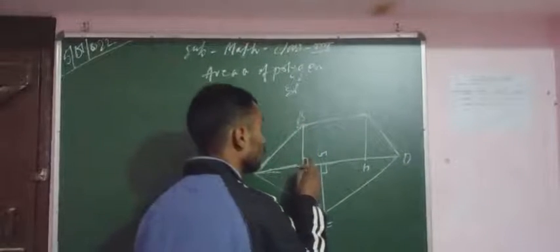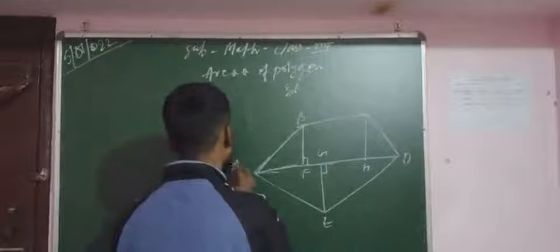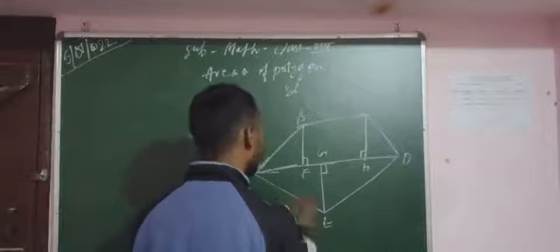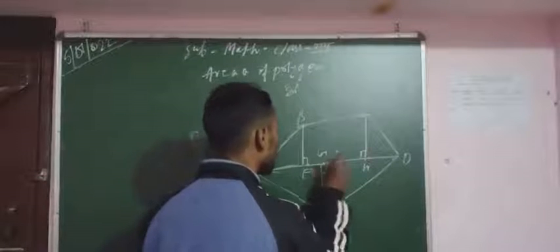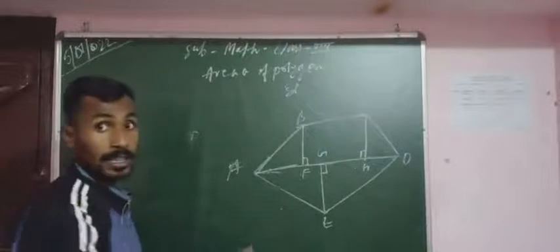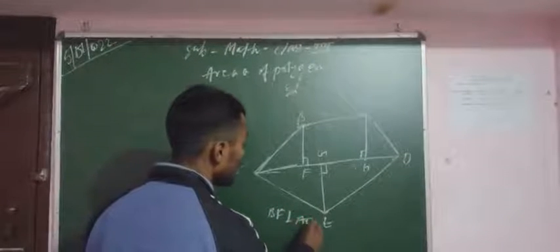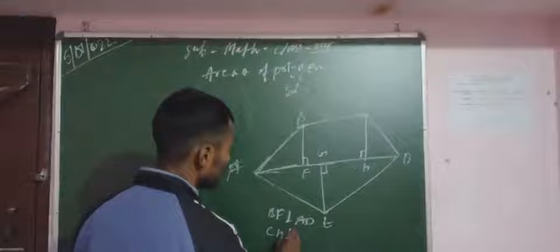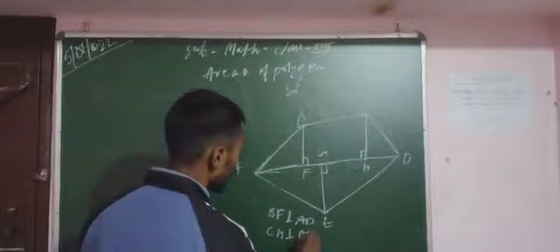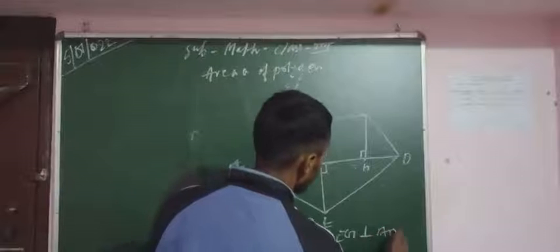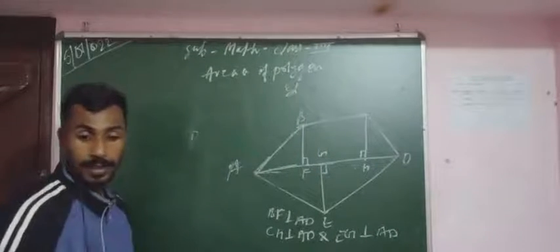BF is perpendicular to AD, CH is perpendicular to AD, and EG is perpendicular to AD. This is given.